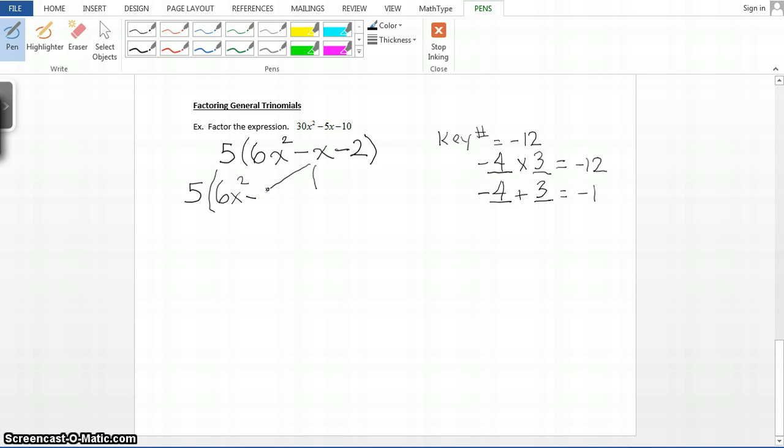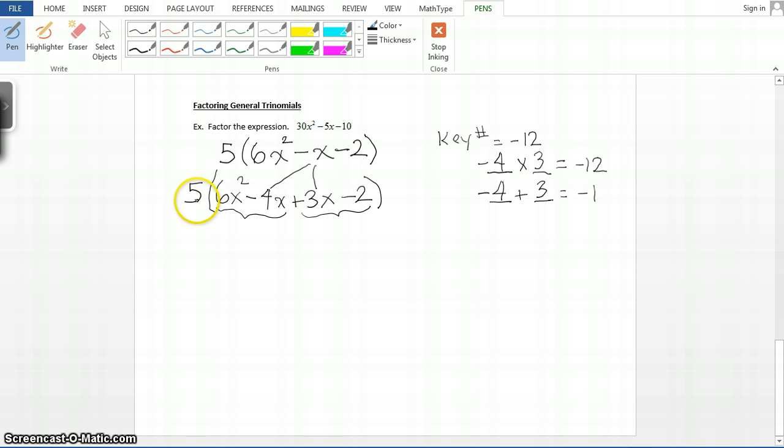So it's going to be minus 4x plus 3x, and then the minus 2 will come down. Alright, that's why we went through this analysis over here, so we could split that middle term up into these two terms, and then what you do is factor by grouping from here on out inside the parentheses.